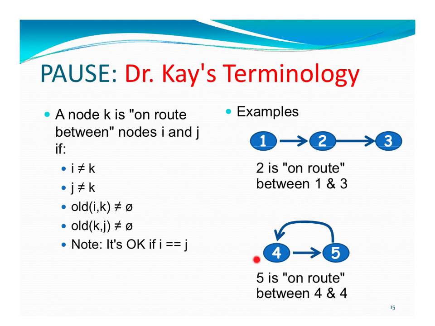Similarly, down here, the one that's en route between can be in between the same state and itself. So for example here, I say 5 is en route between 4 and 4 because you could start at 4, go via 5, and end up at 4.